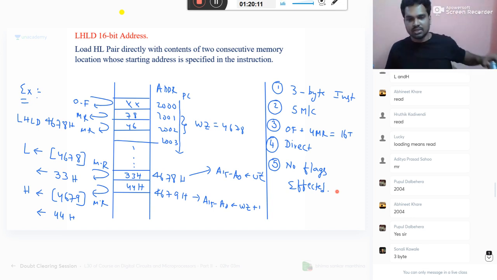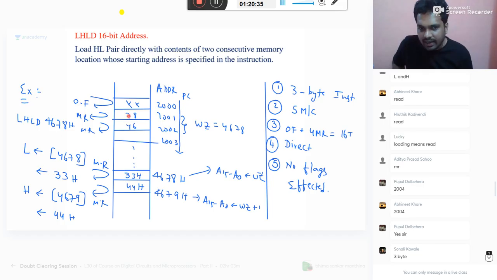In direct, the address is given. From that address, the computer will copy the data. In immediate, what happens? Immediately you are giving the data. I will show you. See here. Here, whatever address you are giving, the computer is going to that place and taking the data.